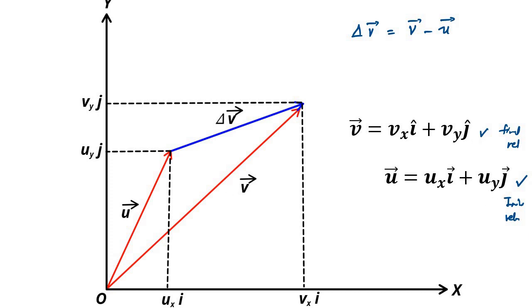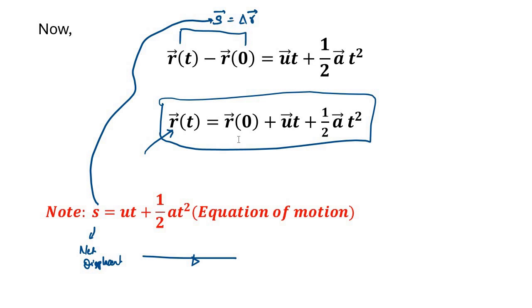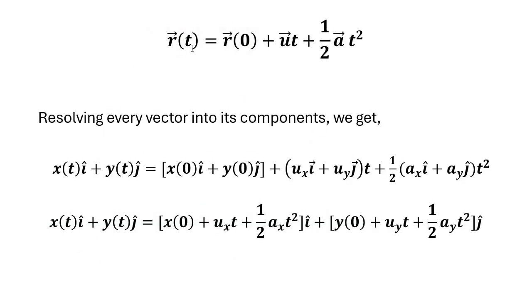Now all we have to do is substitute each of these vectors with their respective x and y components, resolving it into its x and y components. So we have this base equation, rt vector is equal to r0 vector plus u vector t plus 1 half a vector t square. So we write rt here as xt i cap plus yt j cap.